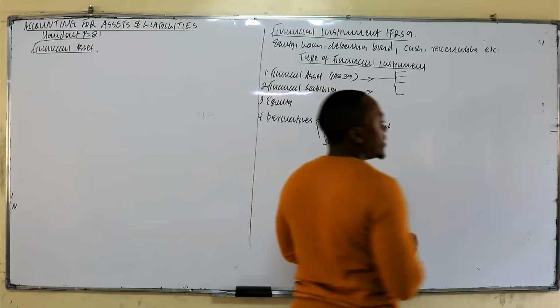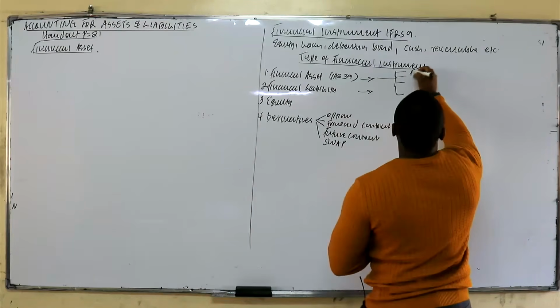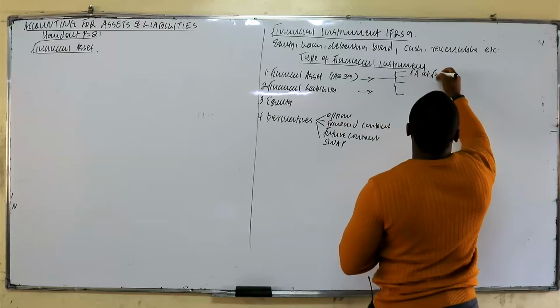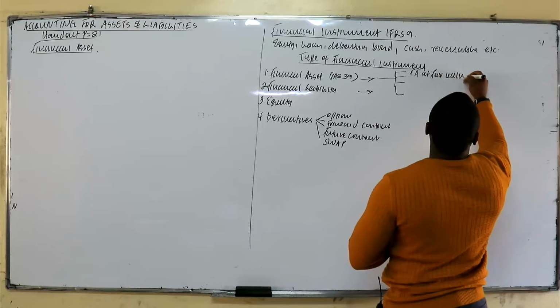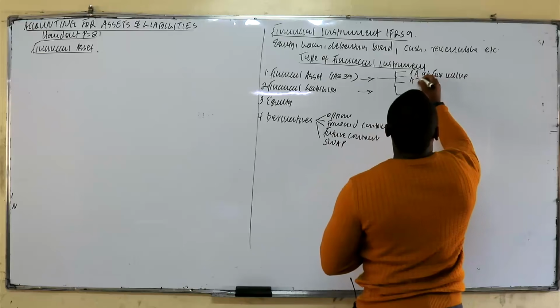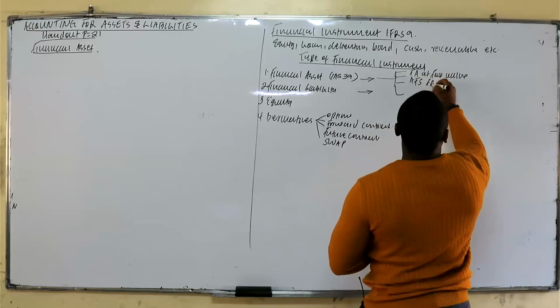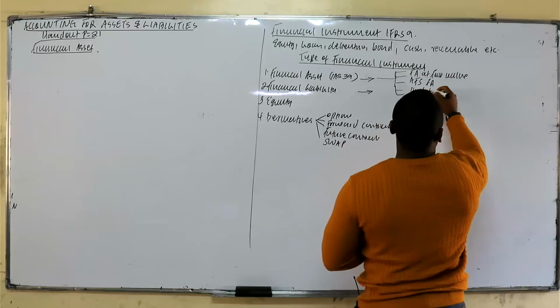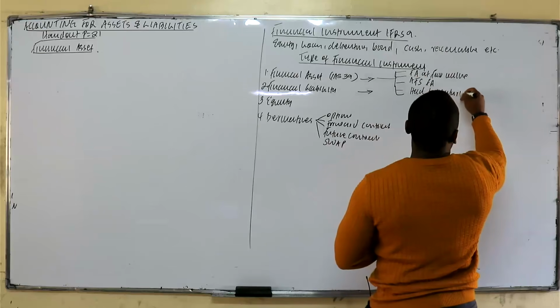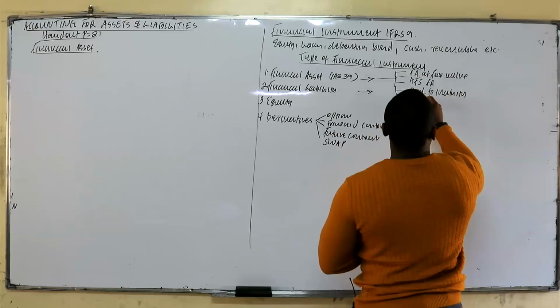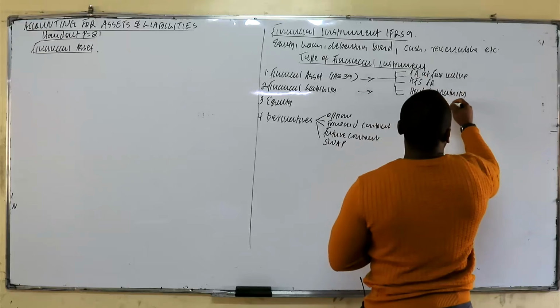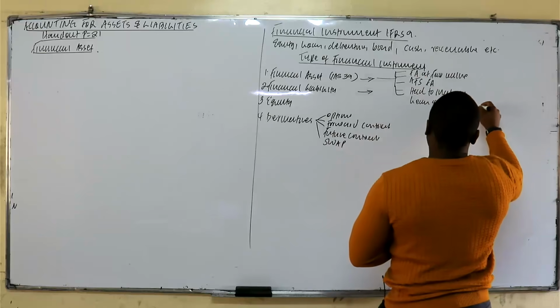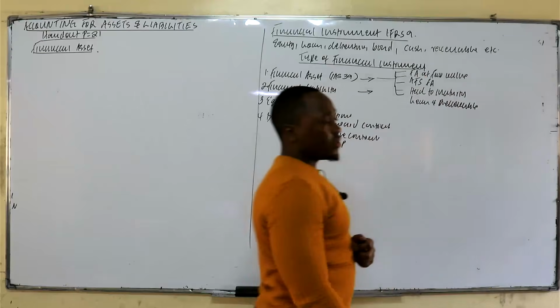So first of all, let me discuss them. Number one, we had financial assets at fair value. Also, there was available for sale financial assets. Number 3, there was held to maturity. And then number 4, we had loans and receivables. Forget about that because now the standard has changed.